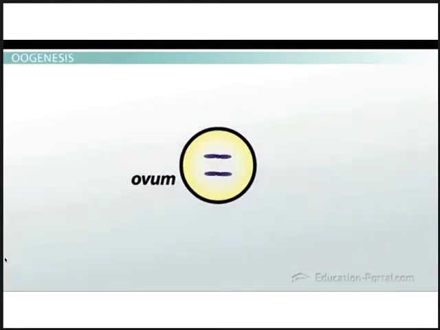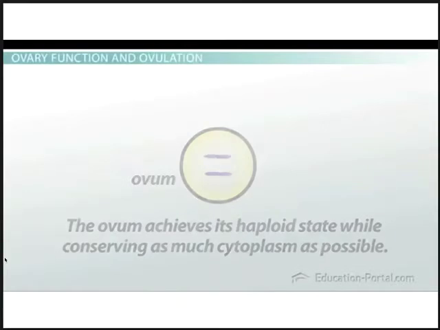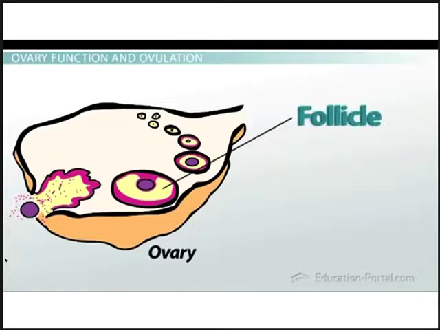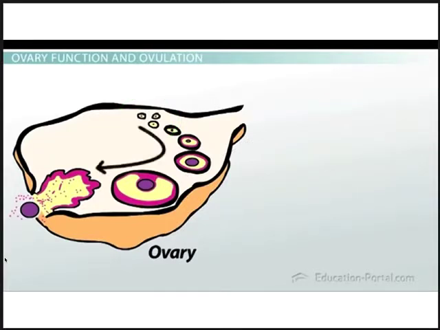In this way, the ovum achieves its haploid state while conserving as much cytoplasm as possible. In humans, oocyte development occurs in the ovaries. Each oocyte is surrounded by a number of follicle cells to create a follicle. When the menstrual cycle begins, one or maybe even a few primary oocytes begin to grow larger, and the follicle cells increase in number and cause the follicle to grow larger too.